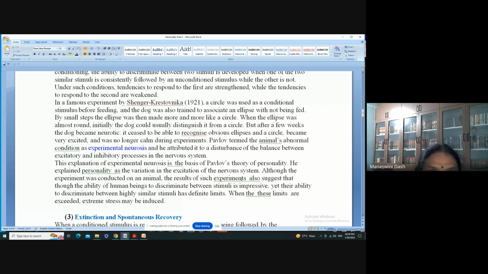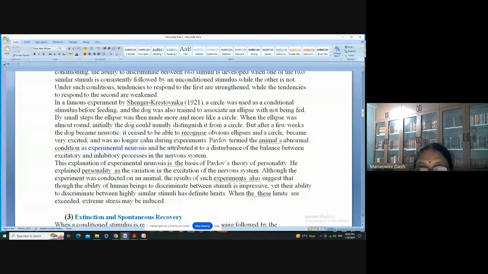Although the experiment was conducted on an animal, the results of such experiments also suggest that though the ability of human beings to discriminate between stimuli is high, yet their ability to discriminate between highly similar stimuli has definite limits.